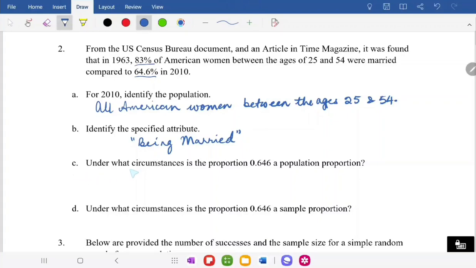Part C says, under what circumstances is the proportion 0.646 a population proportion? Again, this time they have given us the data in proportion form, which is a translation of the 64.6% data of the 2010 data.